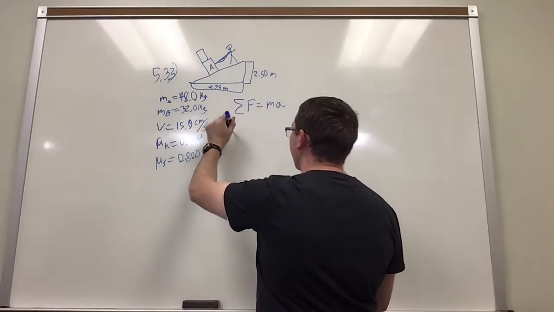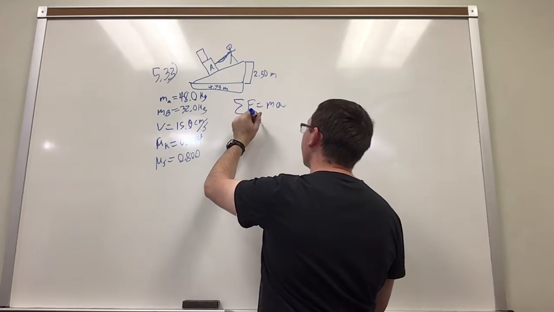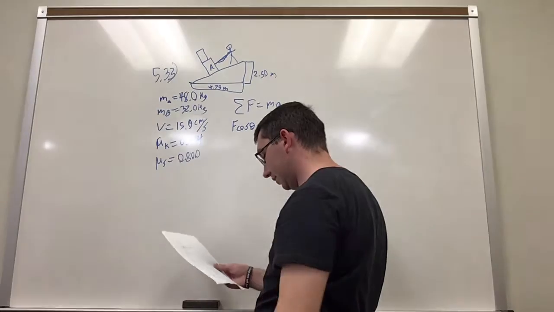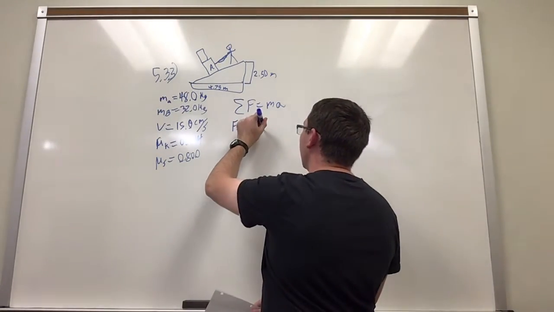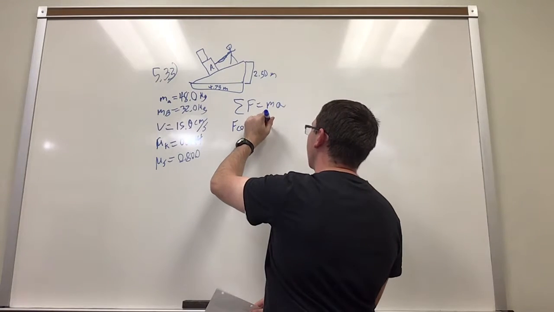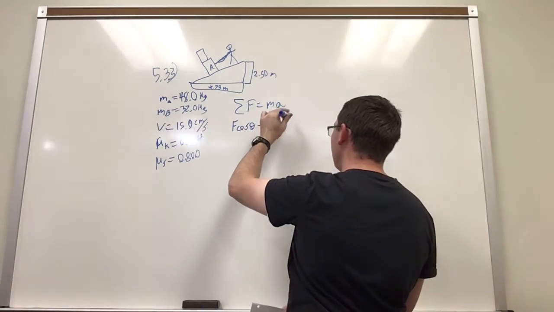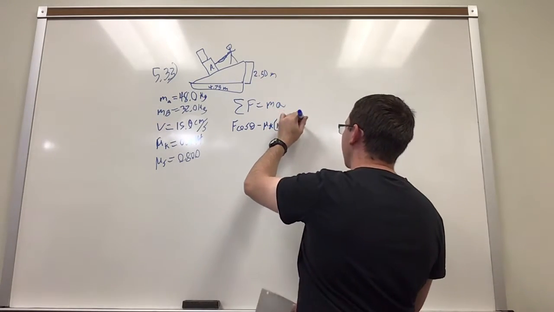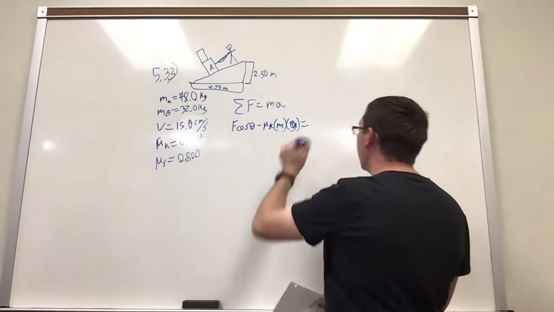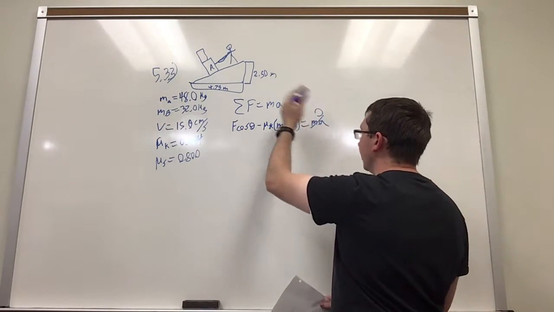So the force times the cosine of the angle minus the coefficient of kinetic friction times the mass times gravity is equal to mass times acceleration, which goes to 0.